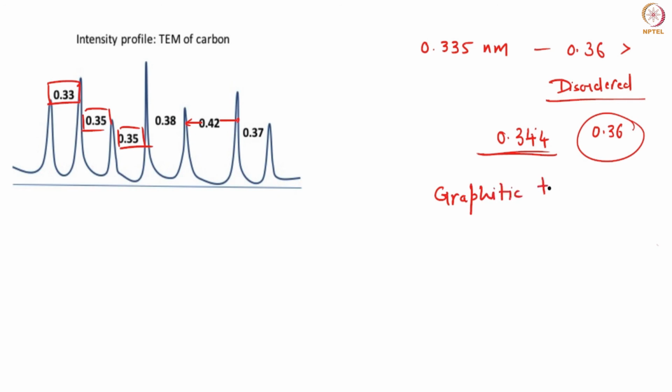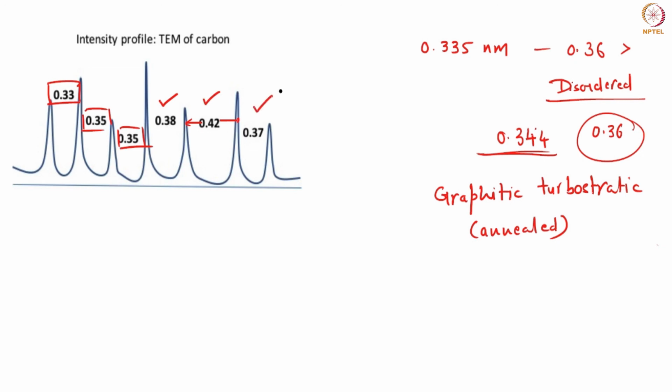So when I say graphitic, that means that this is an annealed carbon. So graphitic, turbostratic, so basically annealed at, say, high temperatures. This might be your, say, glass-like or activated carbon sample. Okay, so now the first three values are acceptable, but after that you have 0.38, 0.42, and 0.38.